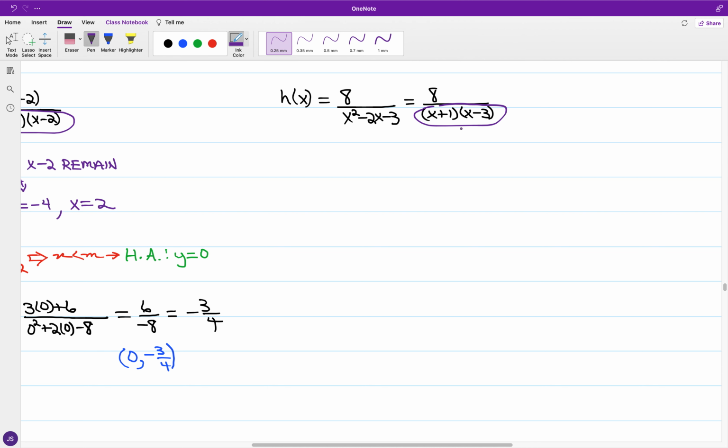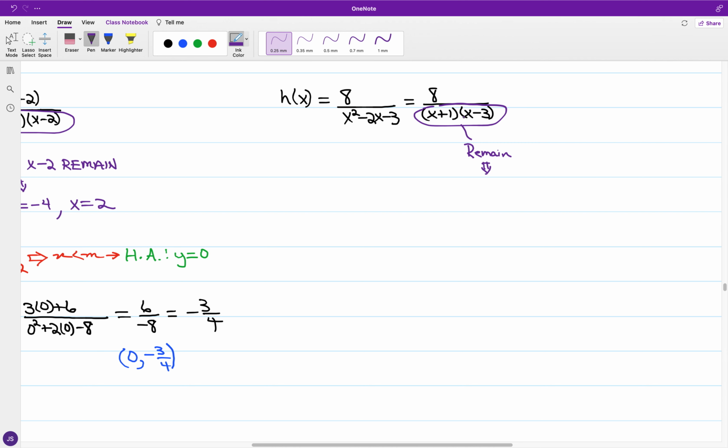So you have these factors remain. The zeros from the denominator will form the vertical asymptotes. So from x plus 1, we have that x is equal to -1, and from x minus 3, we'll have that x is equal to 3.